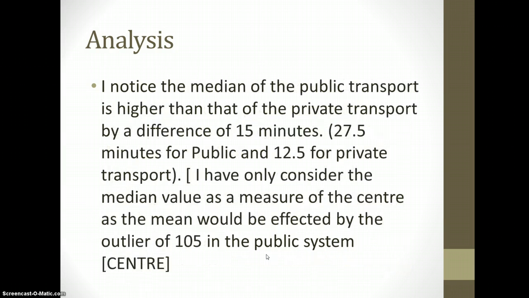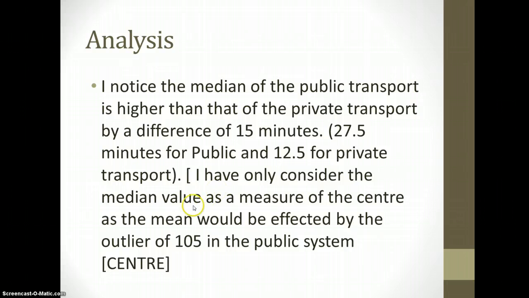Side note. Centre. Last bit. I noticed that the median of the public transport is higher than the private transport by a difference of 15 minutes. Lovely. 27 minutes for public transport and 12.5 minutes for private transport, in brackets to show where the 15 comes from. 27 minus 12 is 15.